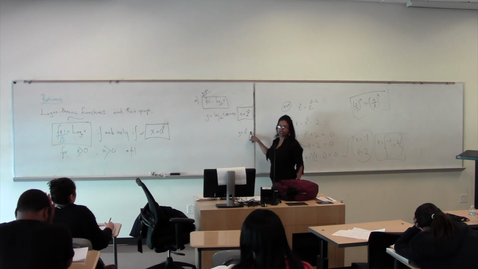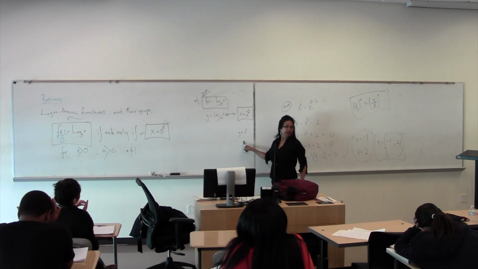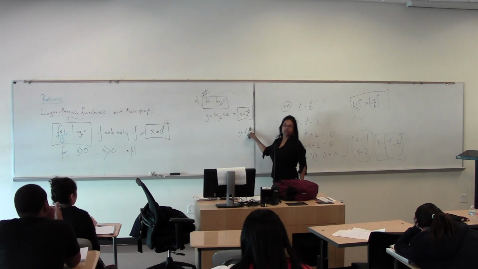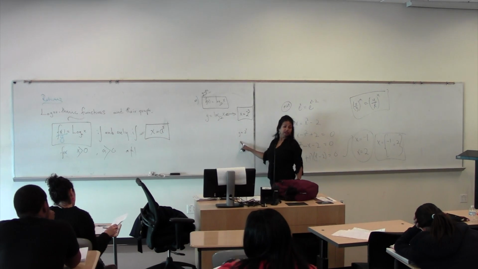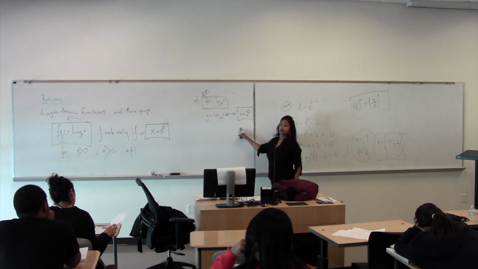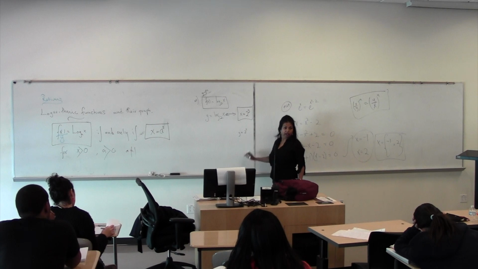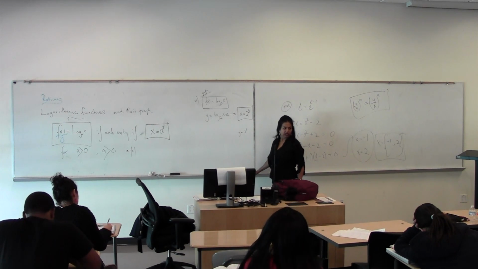We covered this last class meeting. You guys did the homework, and I still covered this today, right? So this is called what? Exponential graph. This is a basic exponential graph.